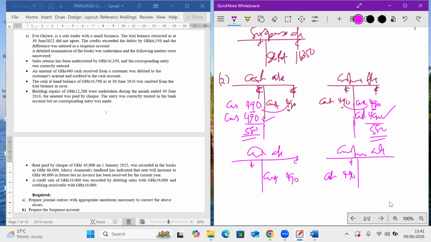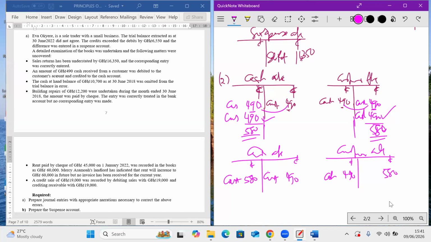I could just double this 490, multiply by 2. Then this will cancel. Where will it be coming from? Customer. I'll come to the customer and write it on the credit side.